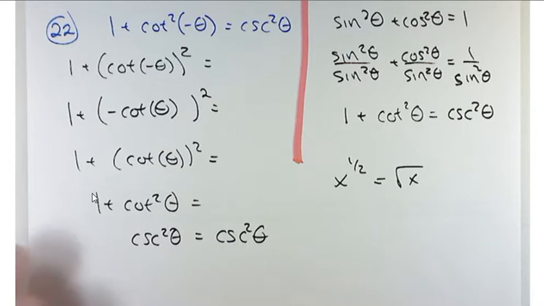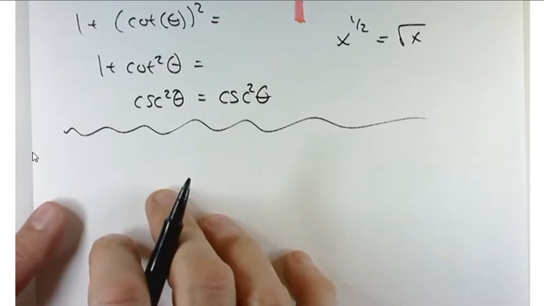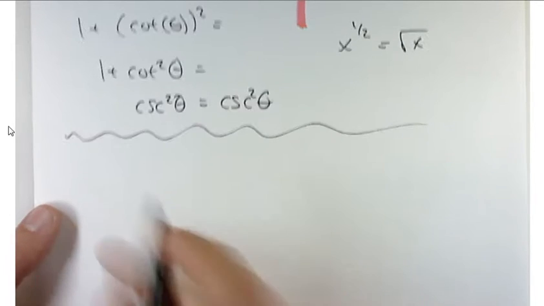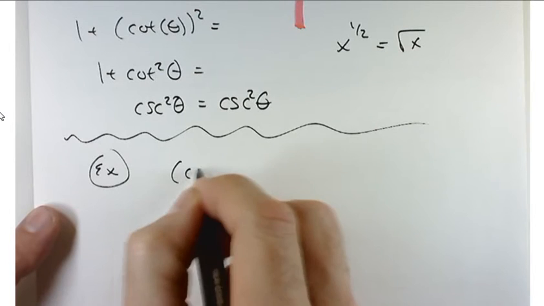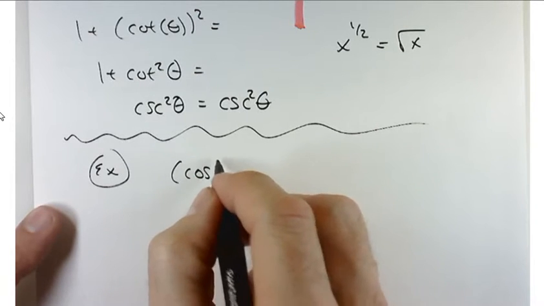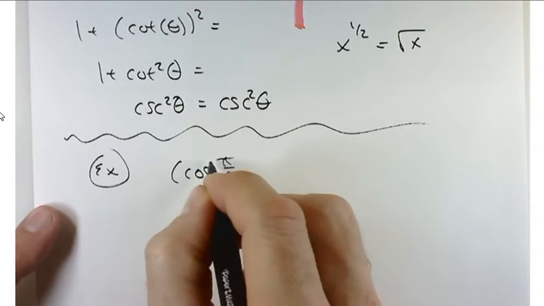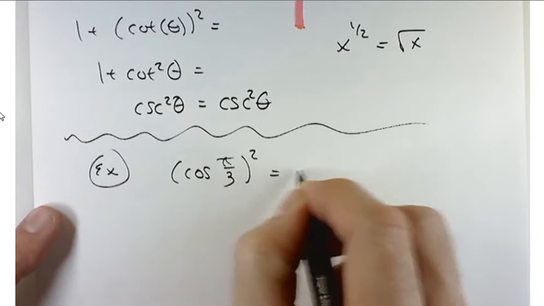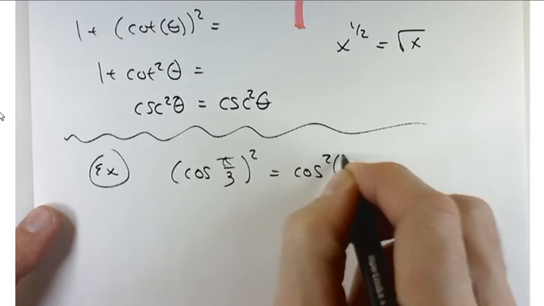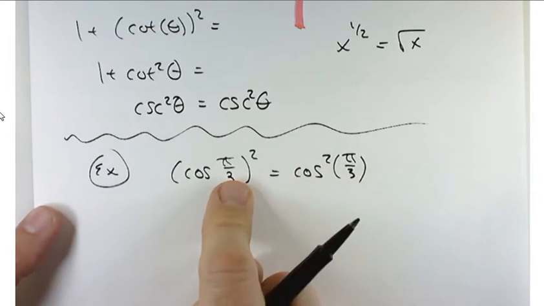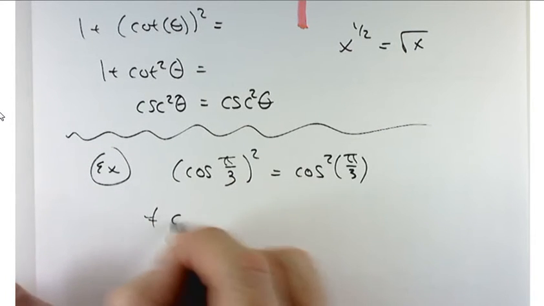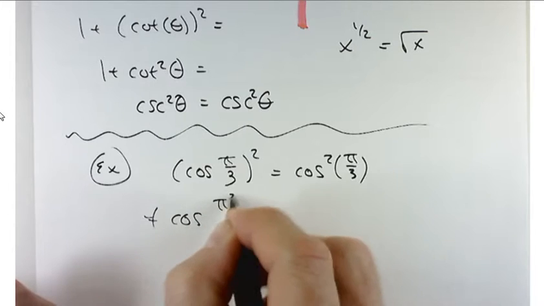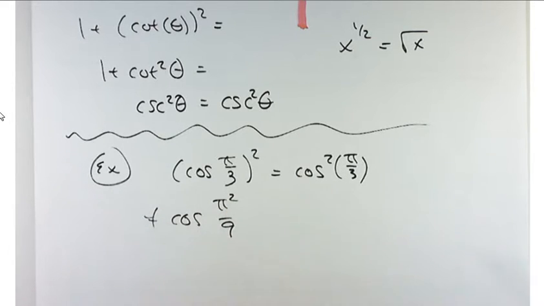Just to go over an example here. If I had cosine of pi over 3 squared, I could also write that as cosine squared of pi over 3. Under no circumstances does it mean the cosine of pi squared over 9. That's something much different.